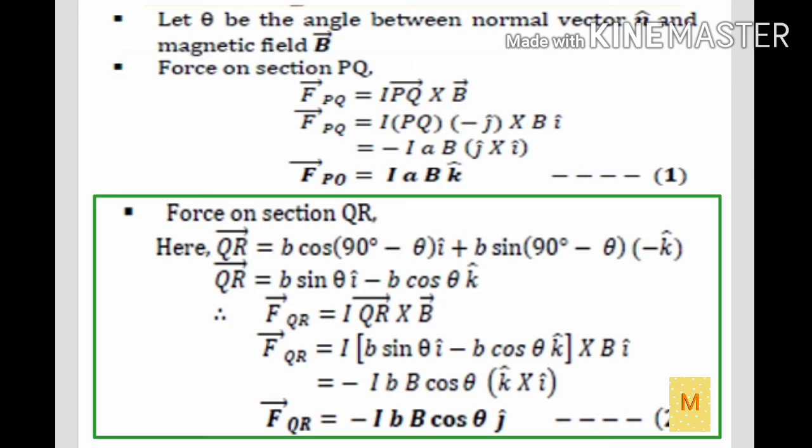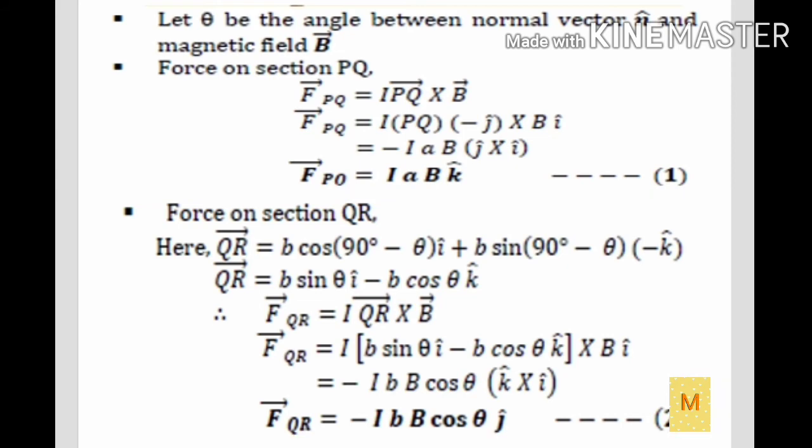And what will be the force experienced by the section QR? That can be written as F_QR vector is equal to I QR vector cross B vector. Here QR vector and B vector are replaced by their unit vectors. Look at the portion QR in the figure. It is equal to B sin theta i cap minus B cos theta k cap, and it is replaced by it.